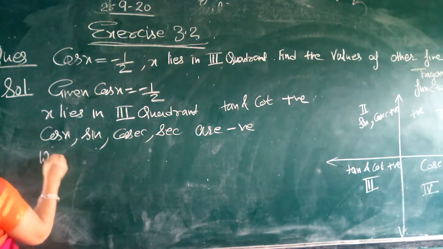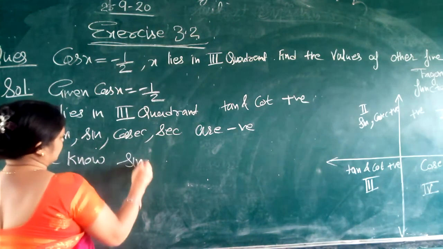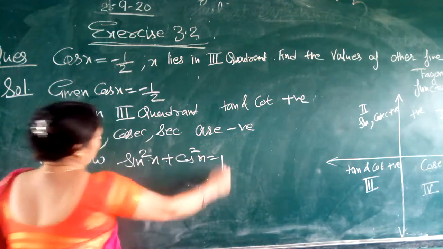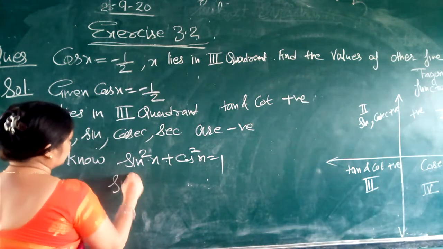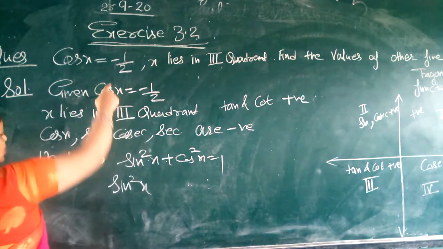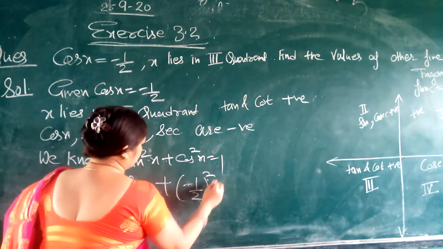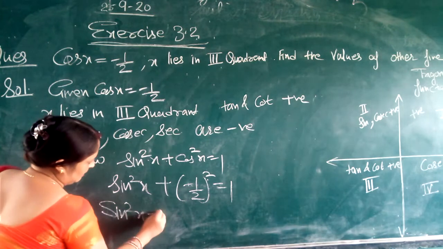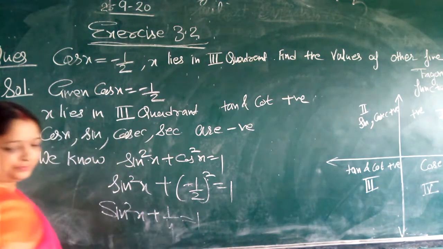We know the identity that sin square x plus cos square x is equal to 1. And here, what is the value of cos square x? Cos x, that is minus half, whole square. So sin square x plus 1 by 4 is equal to 1.